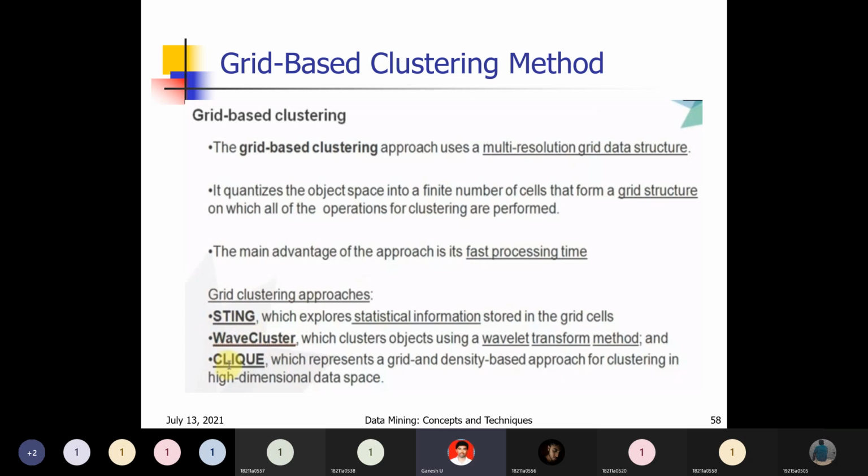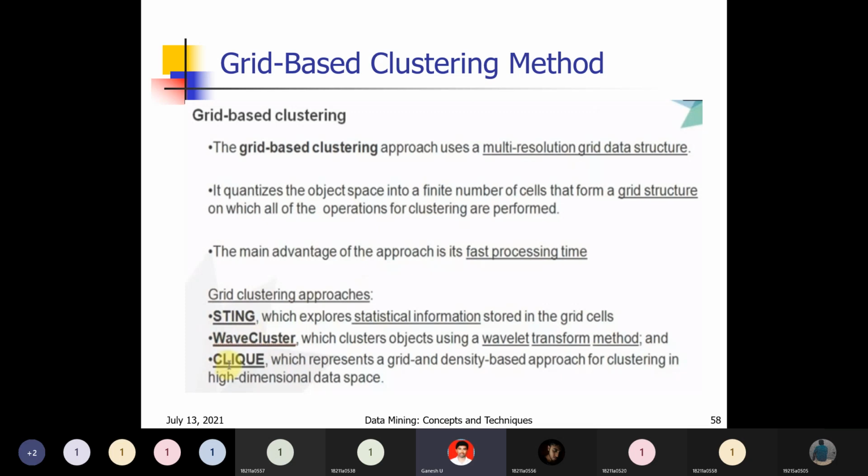In that way, you can divide the higher level data square into a number of sub levels. In the next level you can divide into two parts, in the next level four parts, like that. When you go to the bottom, you get as many small portions as possible.